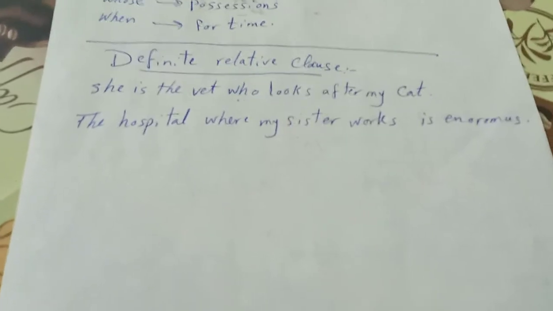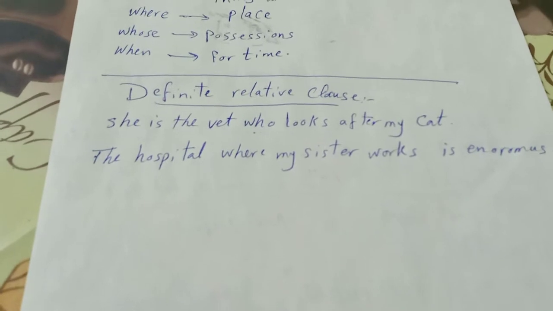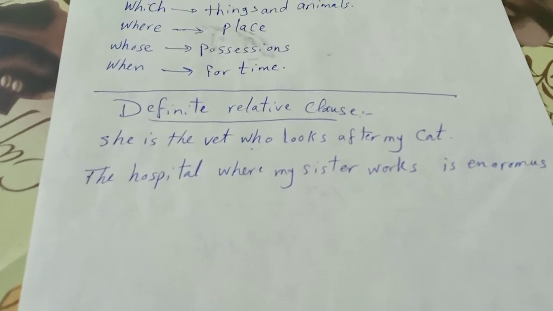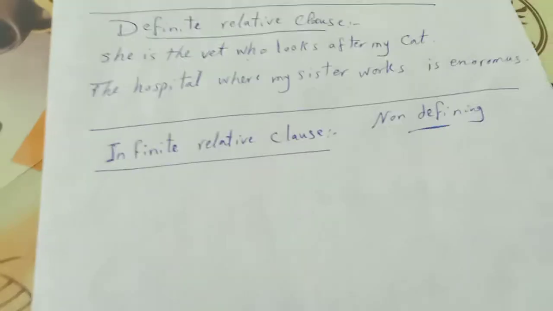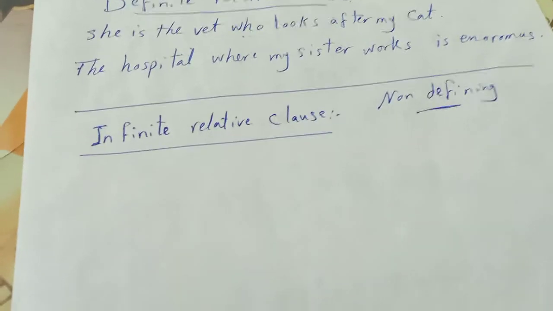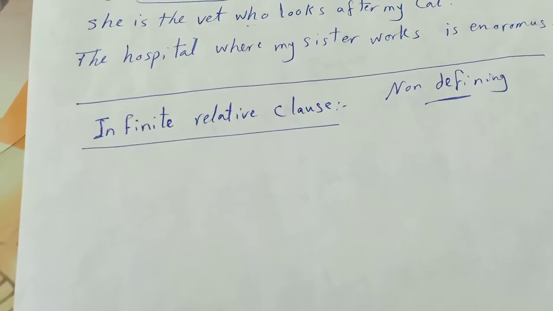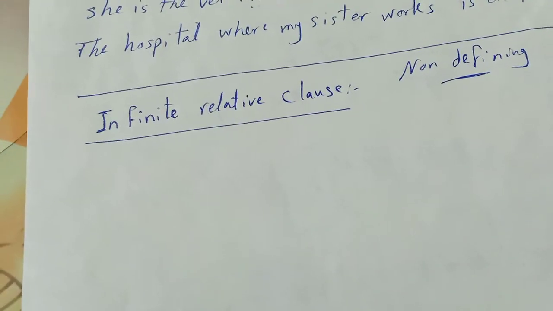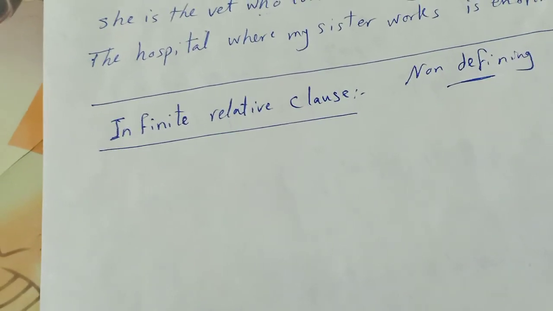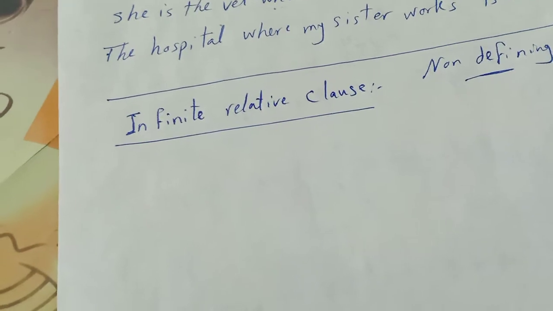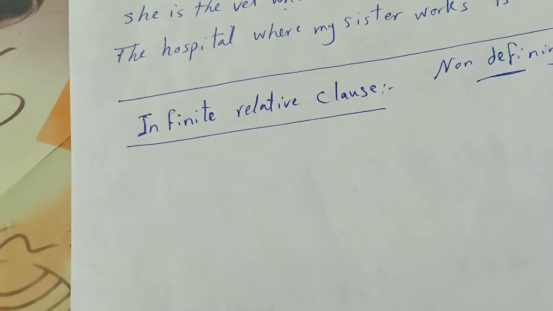Now let's move to the second type of relative clause, which is indefinite relative clause. As for the second type, indefinite relative clause or non-defining relative clause, we need to know that it's adding extra information about the noun.